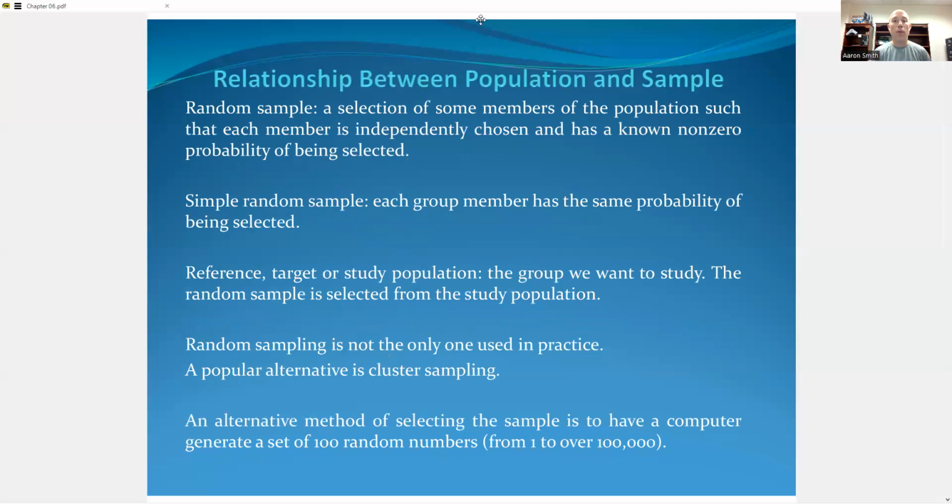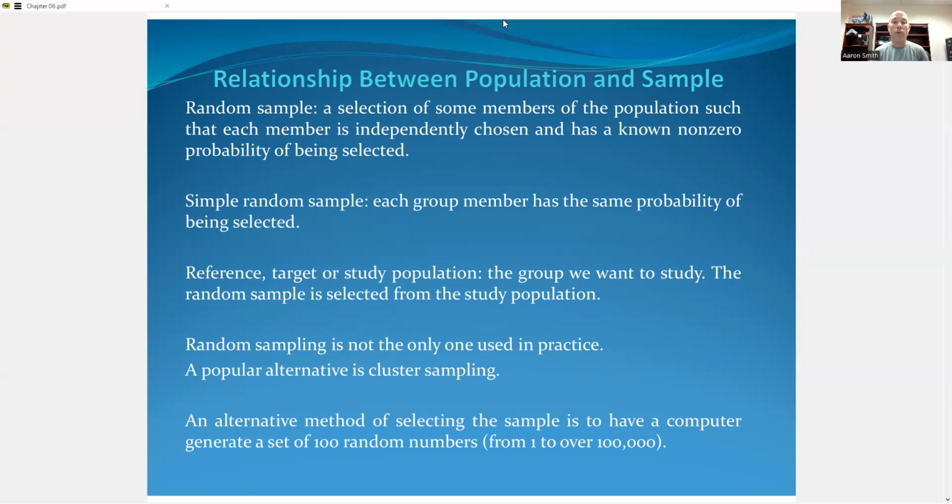All right, so now the relationship between population and sample. A random sample is a selection of some members of the population such that each member is independently chosen and has a known non-zero probability of being selected. In a simple random sample, each group member has the same probability of being selected.